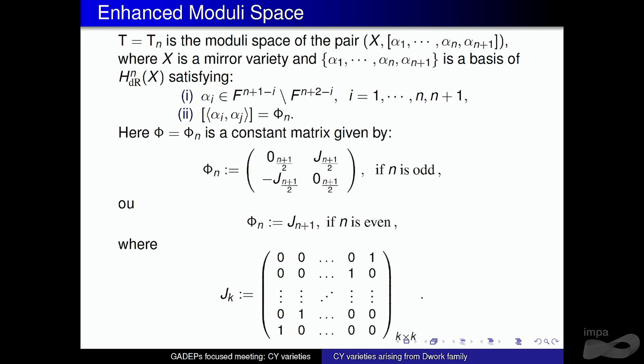The first one, alpha_i should belong to the Hodge filtration F^i. Here F^i is the Hodge filtration, yeah?